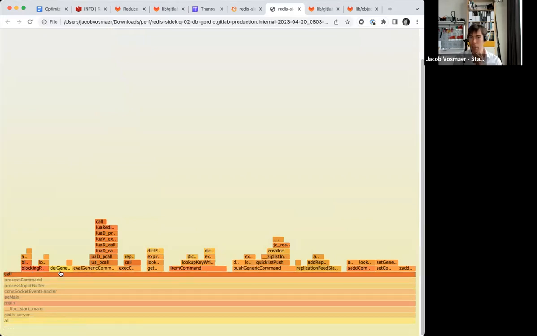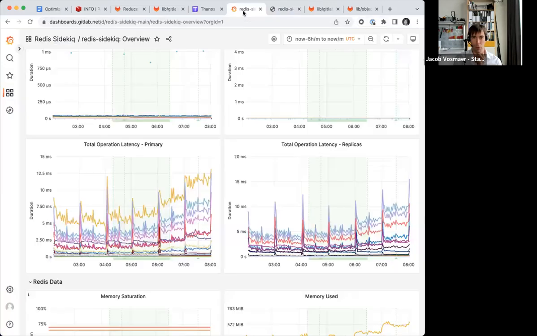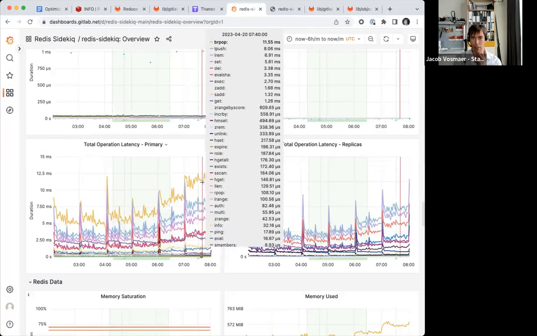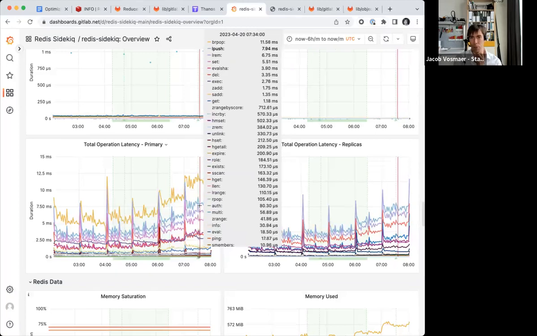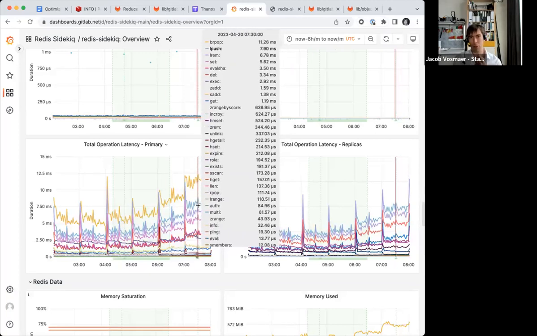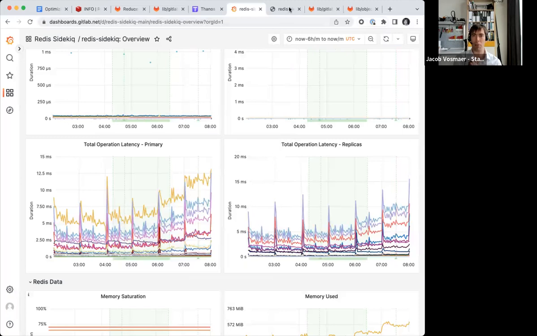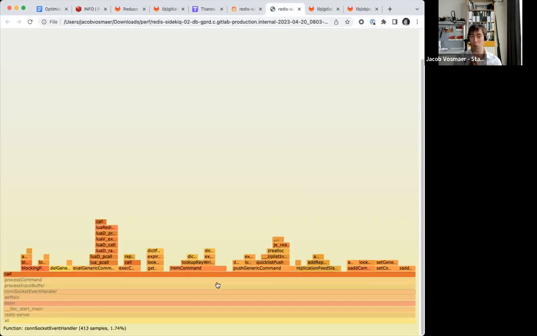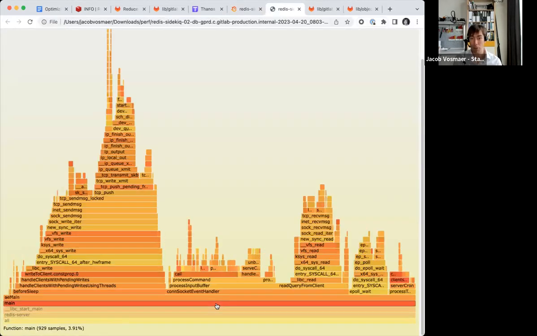So these little blocks and their width correspond roughly to how high these graphs are. So you can sort of map the commands you see in these graphs back to how wide the bars are here. But what's great about the flame graph is that there's stuff that happens outside call. Actually, most stuff happens outside call if you see how small call is compared to the rest around it.